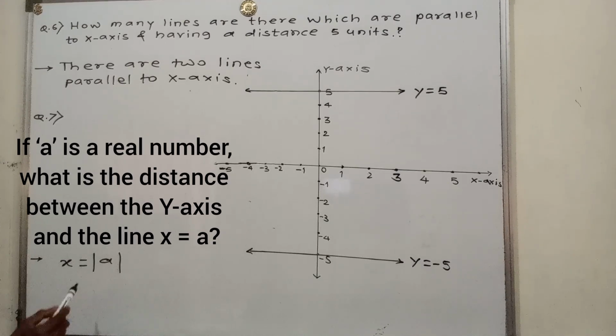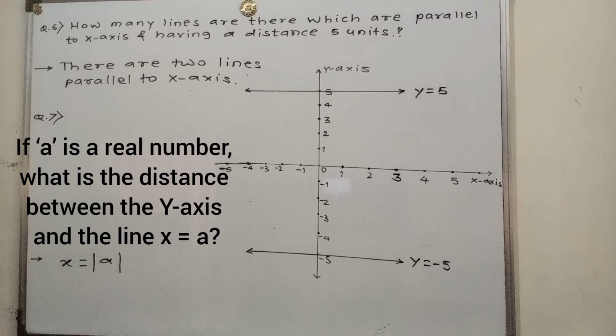If A is positive or negative, when it comes out from the two vertical lines, the answer will always be positive.